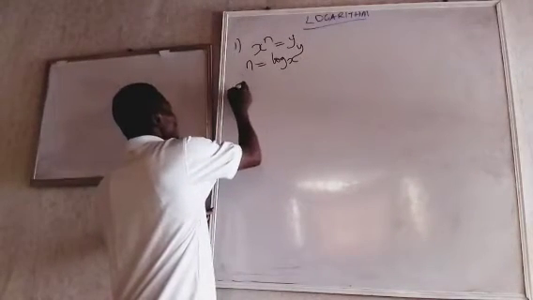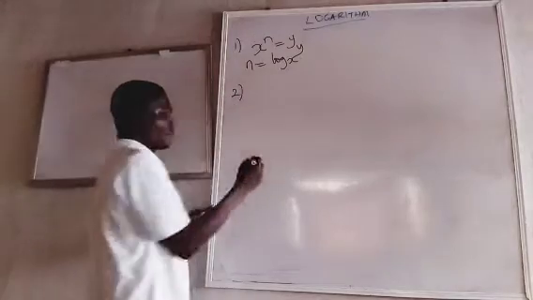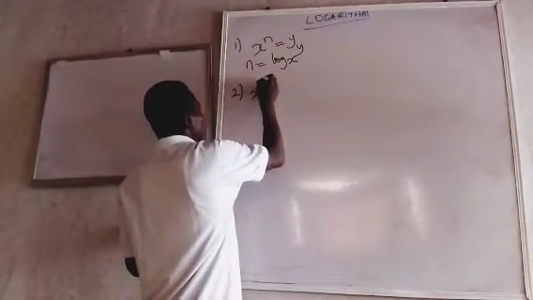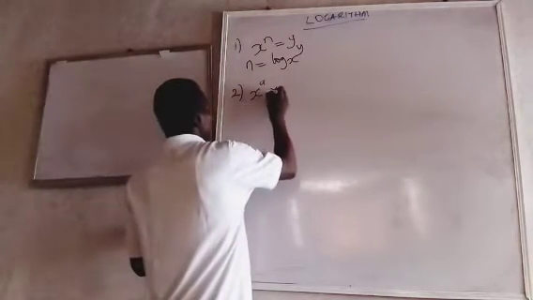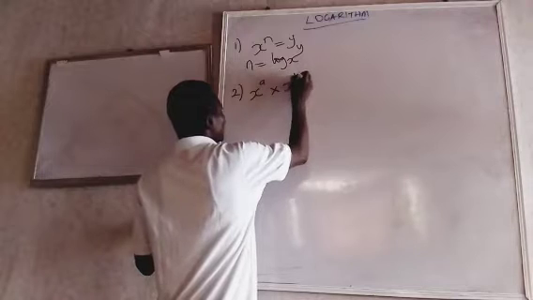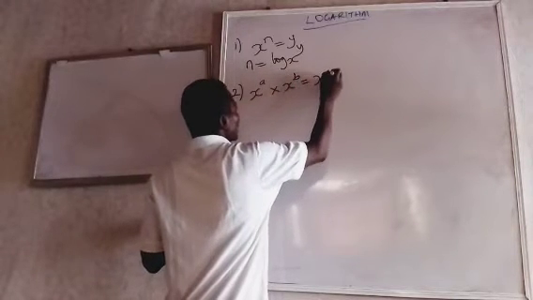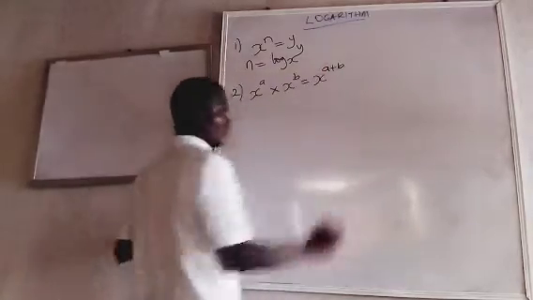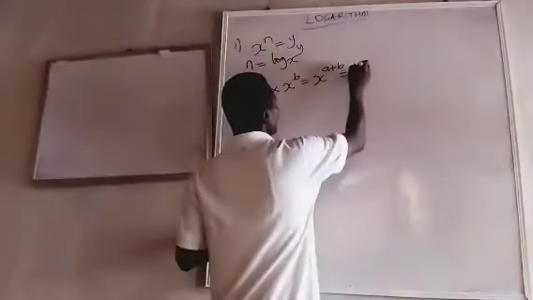Another one is in indices. You know that if we have something like this, x raised to power a equals z.